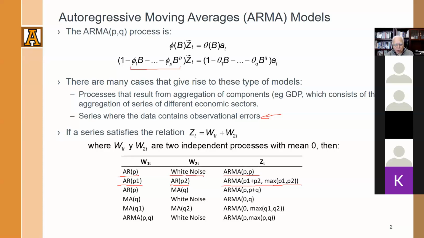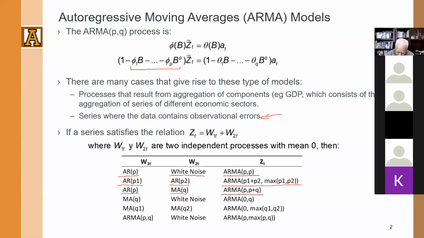If we have two processes, an ARMA(p) and an ARMA(q), then the result will be an ARMA with p plus q as the order of the moving average polynomial.